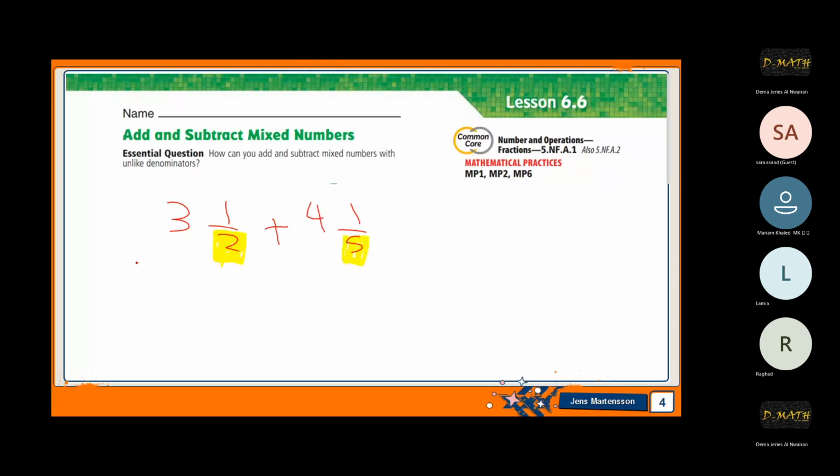What should I do? Can you tell me? You will find the common multiple of what? Where are the denominators here? 2 and 5. You will write 2 here and 5 down. Then, what are the multiples of 2? Yes, but you have to simplify it later.